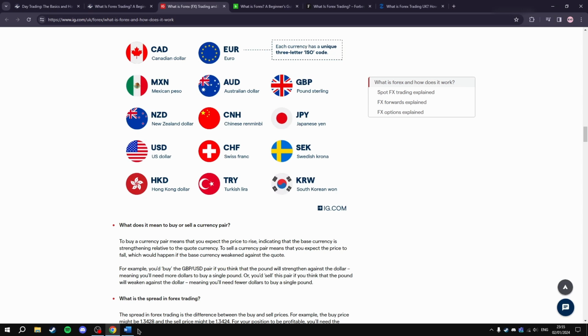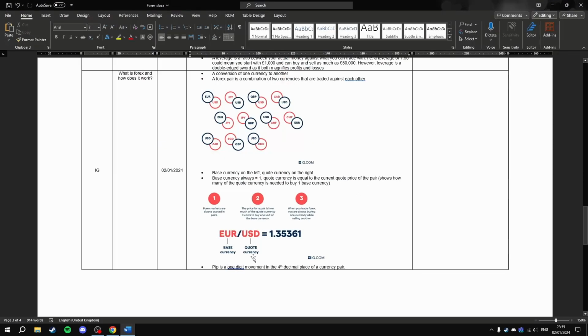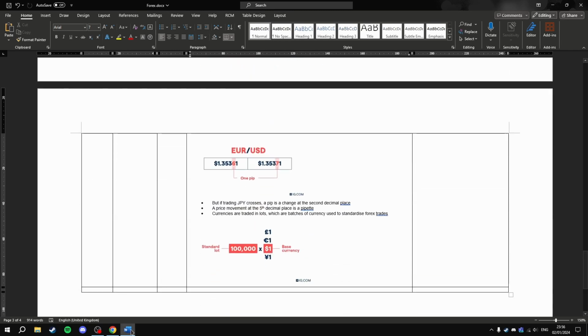So if you bought this against USD at 1.35361, then you would expect more USD for €1, because you bought it at a lower price than if you were buying it at 1.36. Yeah, I think that made sense.